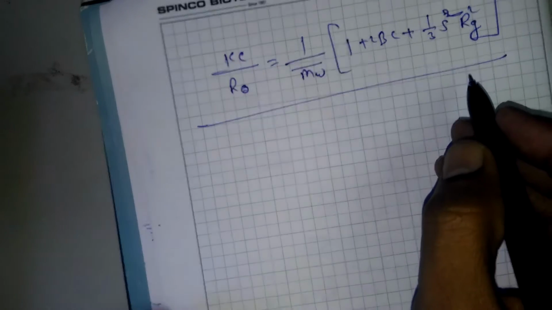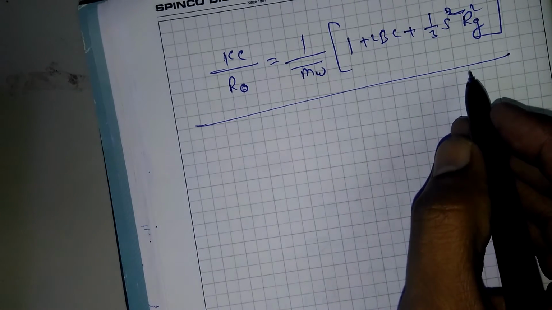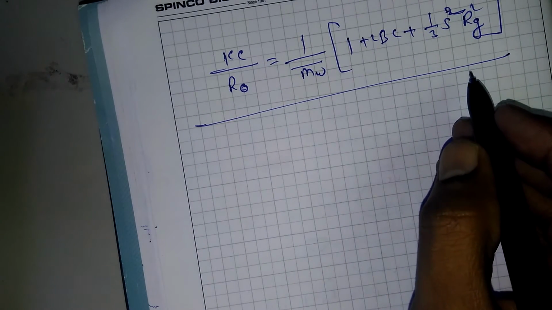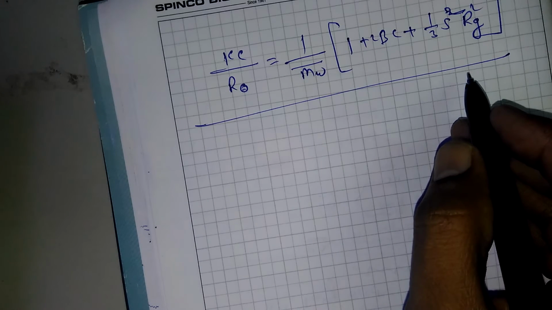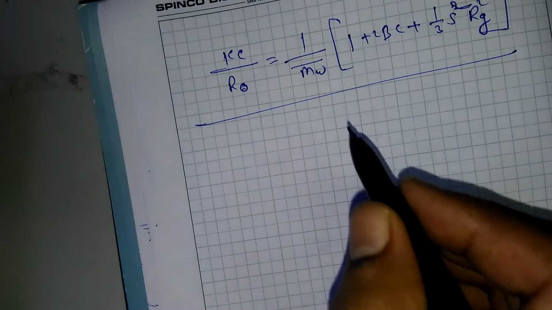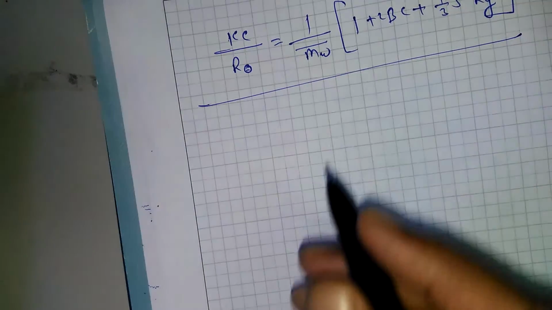So now we have the two variables, so we can utilize this equation in the Zimm plot.